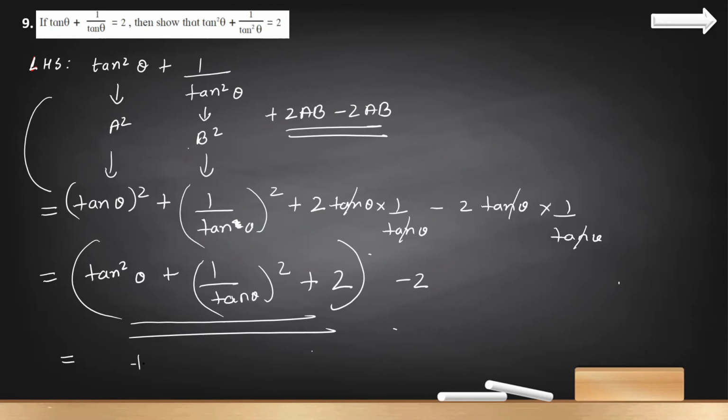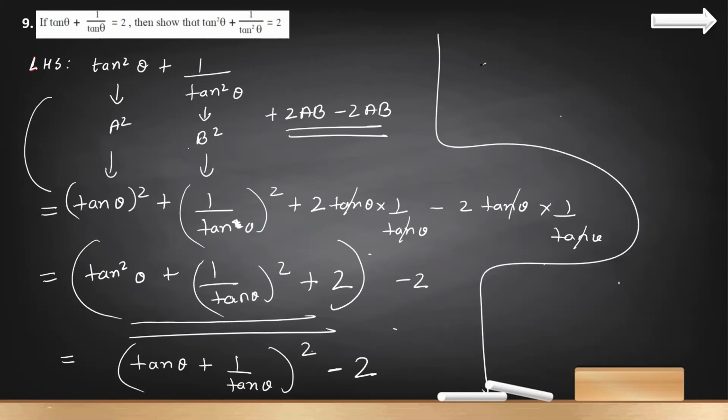So this can be written as tan theta plus 1 upon tan theta whole square, minus 2. Now the value of tan theta plus 1 upon tan theta is given to us, so let us substitute this value. So this is going to be 2 square minus 2. So what is 2 square? 4 minus 2, which is equal to 2.